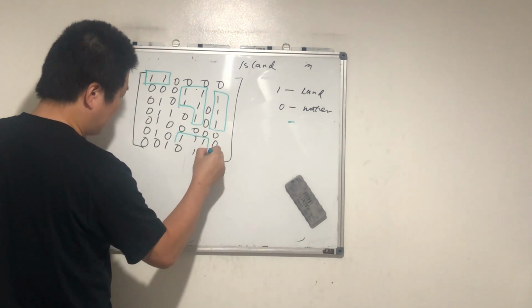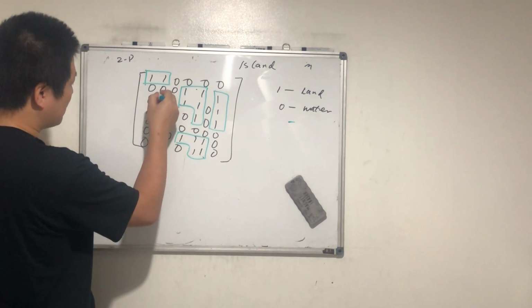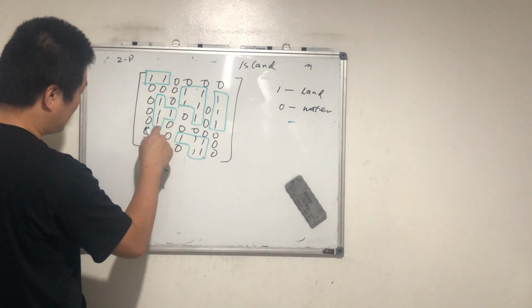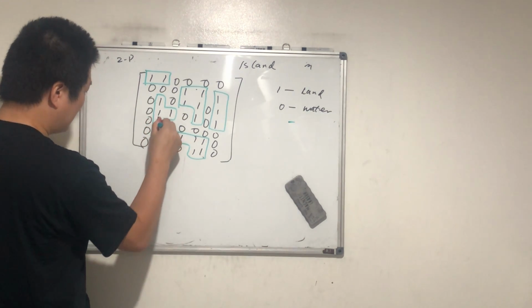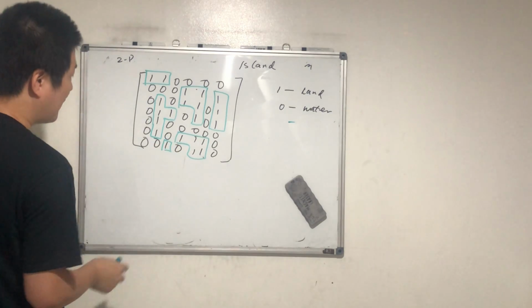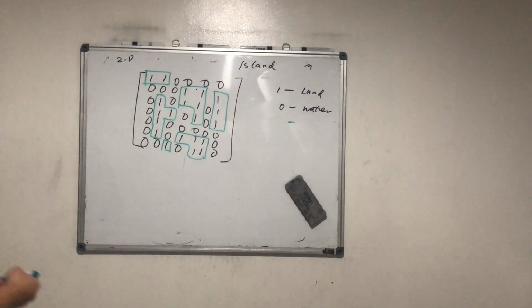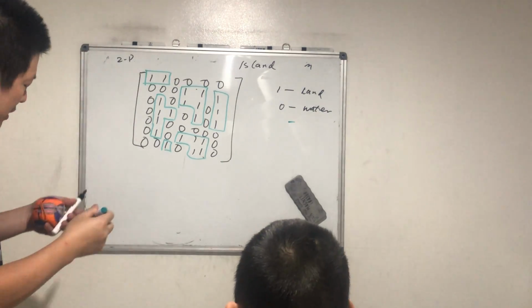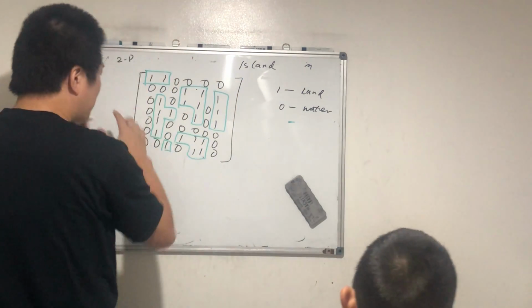You can count how many islands there are: 1, 2, 3, 4, 5, 6. Six. Okay, so we want to know the surrounded islands.